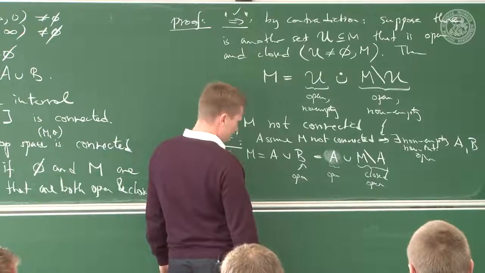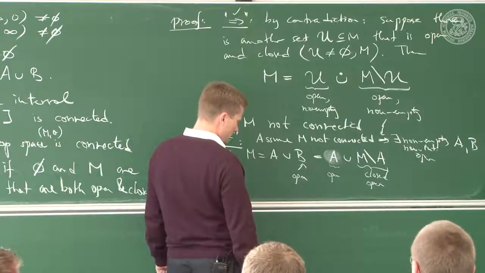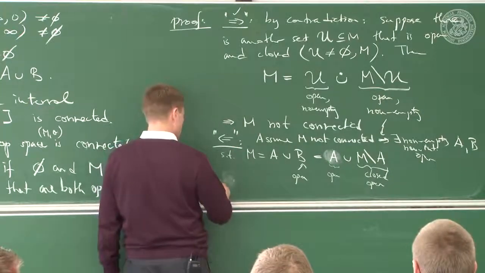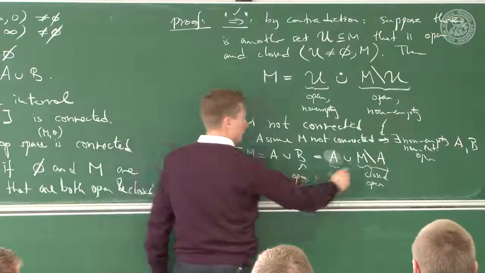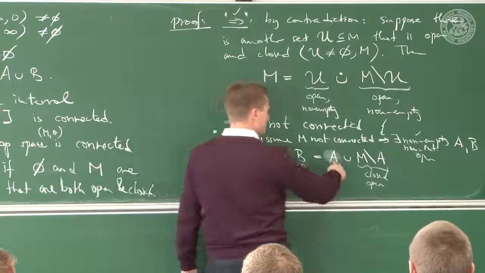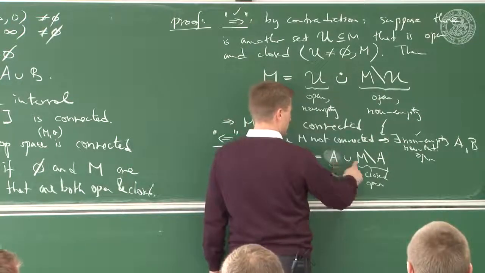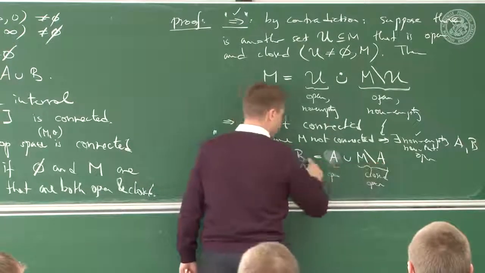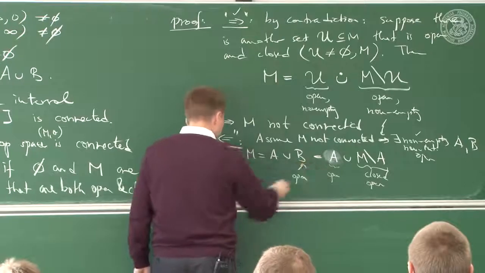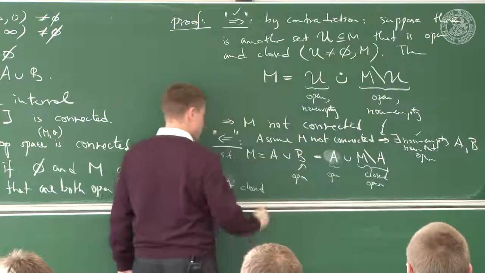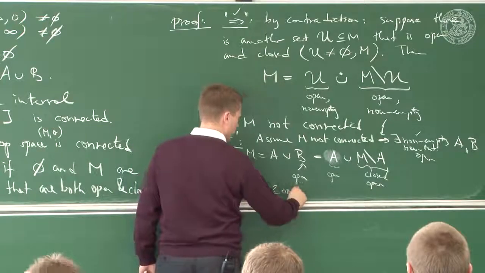And thus A must be closed. Thus, we have a set A that is non-empty. That's not the entire set, because otherwise B wouldn't be non-empty, and it is closed. But it was open as well, so it's closed and open.